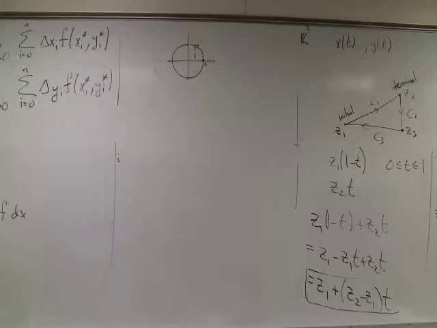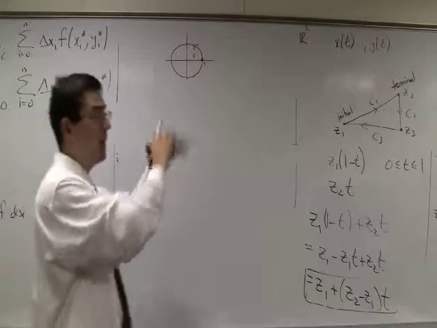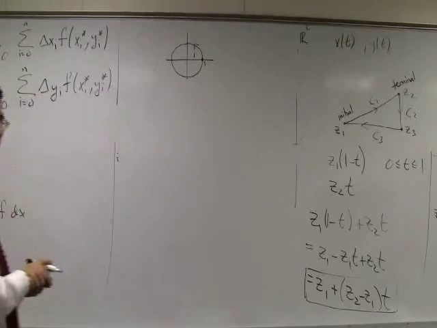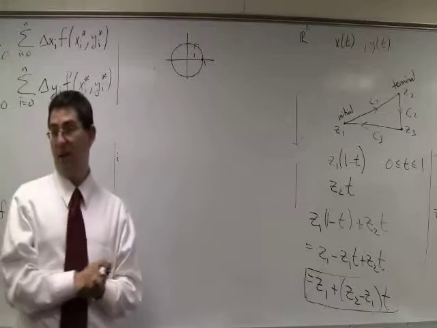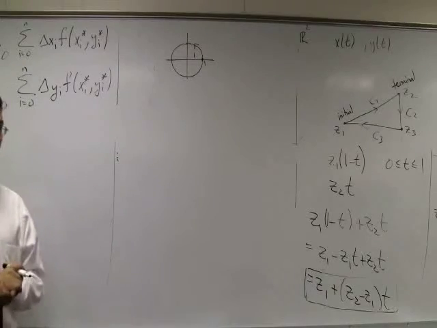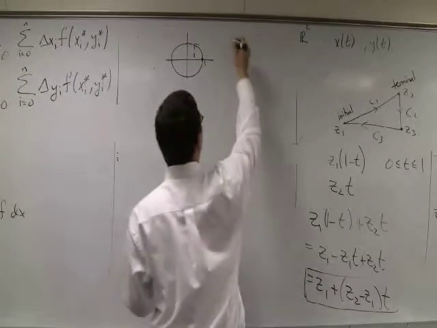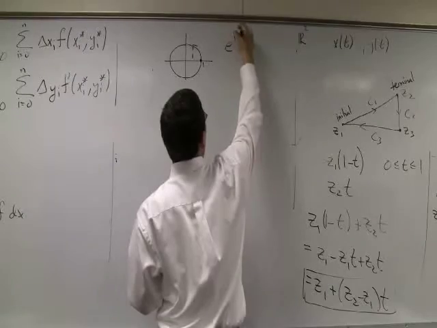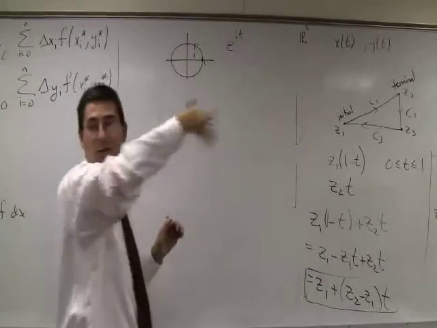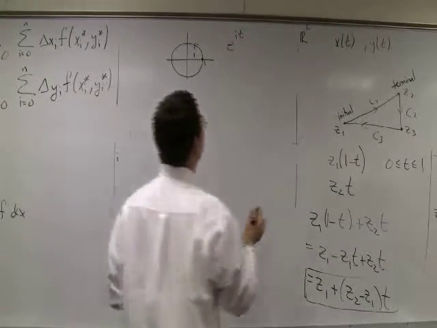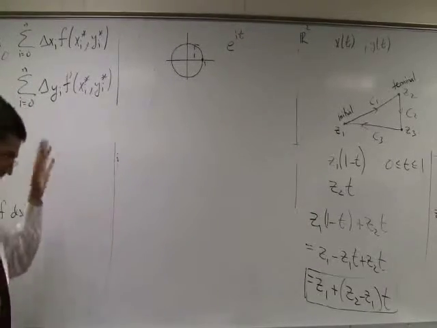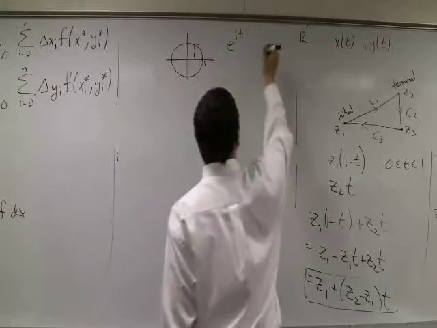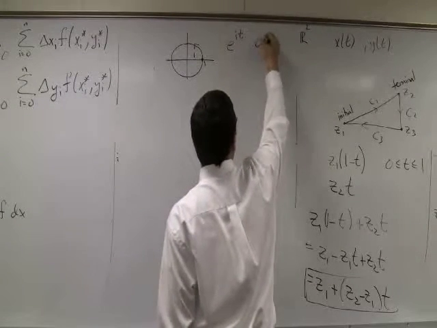X squared plus y squared, in the complex plane. We have this nice polar form: e to the theta i, from 0 to 2 pi. Let's use t, so we stick with the convention. Theta is always a real number, so t is just as good. And what is t running from? e to the it.